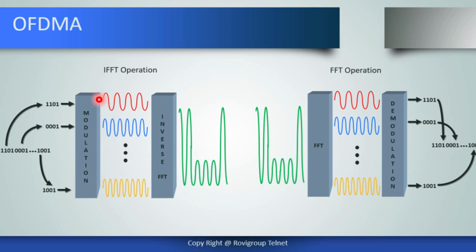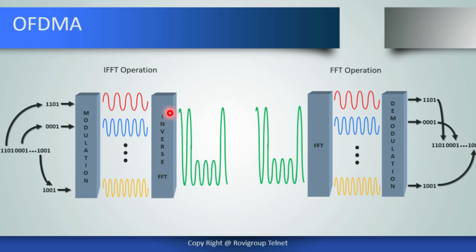Now in this slide, you can see that your user data is modulated. Modulation is used to represent your binary information in signal form. So the data is fed into the modulation block and you have your modulated signals here. Then the inverse FFT will work.